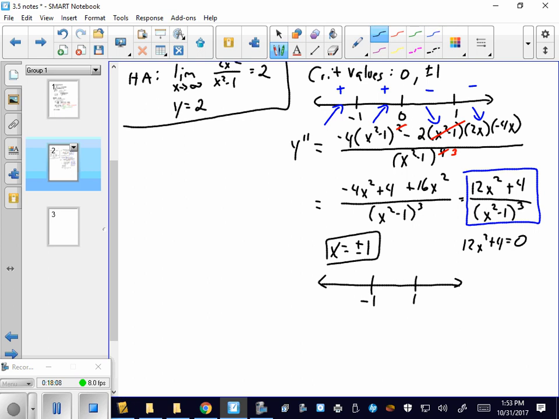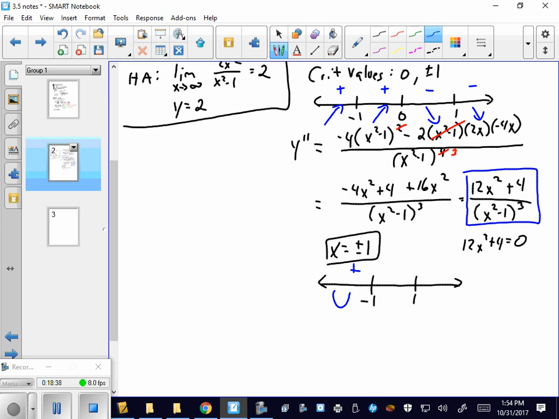If I plug negative 2 in there, remember that the numerator this time is always positive, right? Negative 2 squared times 12 plus 4, it's always positive. So the numerator really doesn't decide anything. Let's put it into the denominator. So we're going to do negative 2 squared, which is 4, minus 1 is positive, and then if I cube a positive number, it's still positive. So this is concave up.